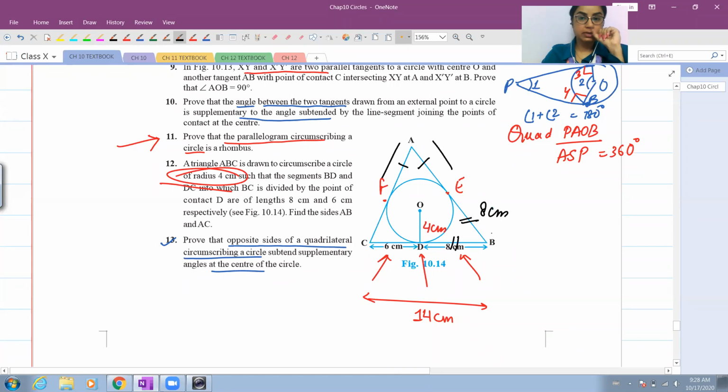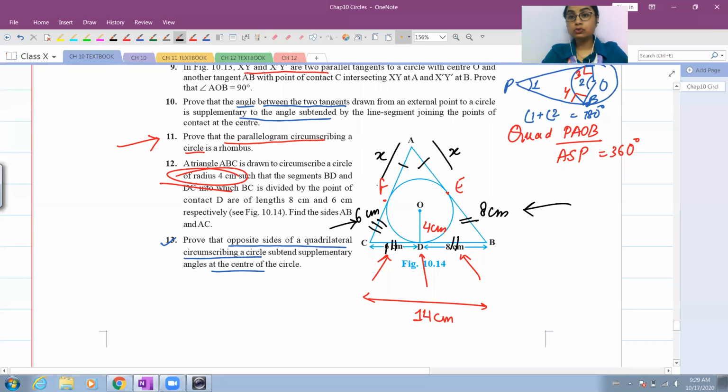So that means this will be 8 centimeters. The tangents from C will be equal. So this segment will be equal to this one, and hence this will be 6 centimeters. And I could take the representation for these for convenience, that the tangents from A are also equal. Let them each equal x. This is the first thing we are using, that the tangents drawn from an external point to a circle are equal in length, with the help of which I will get the lengths of these two tangents, and I have taken the ones drawn from A as x each.